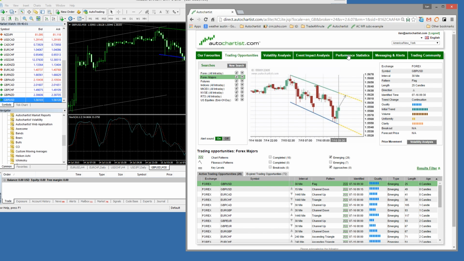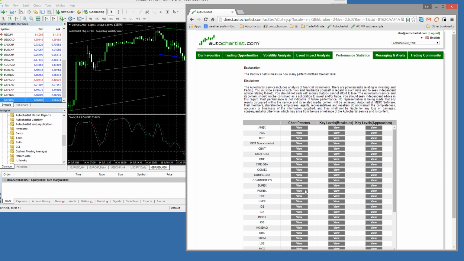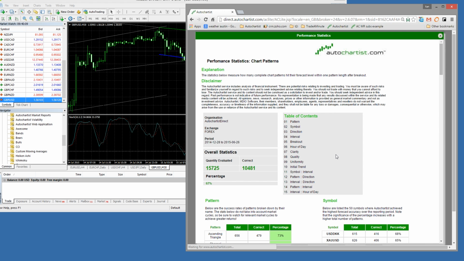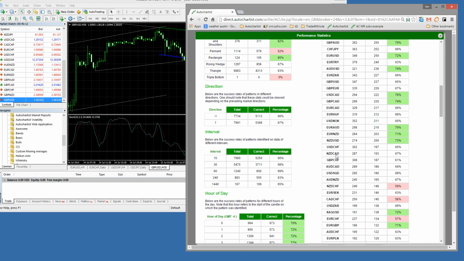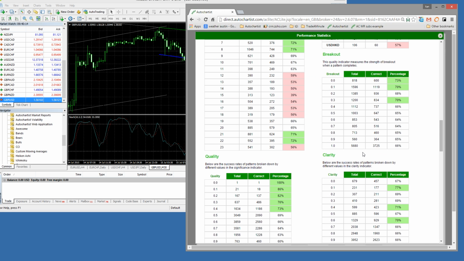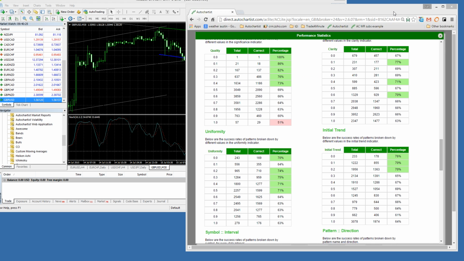If you click on our performance stats section and look at chart patterns, you'll find that clarity and uniformity don't really add much to past performance, and certainly don't have an influence over future performance.